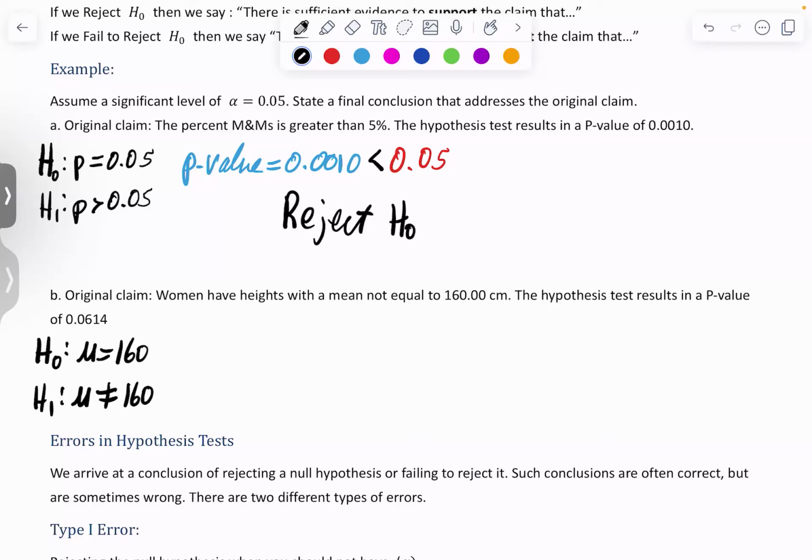The p-value in this case is 0.0614. And that is definitely bigger than our alpha. I'm going to color code this properly. Let's see this. Definitely bigger than our alpha, which is 0.05.